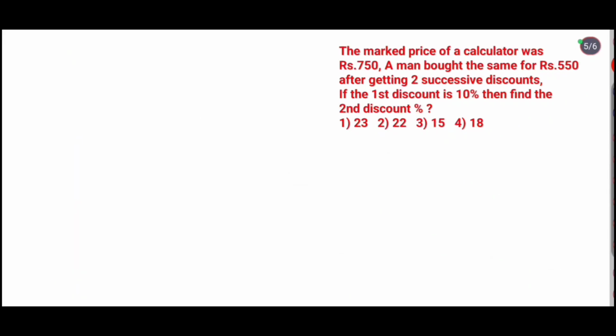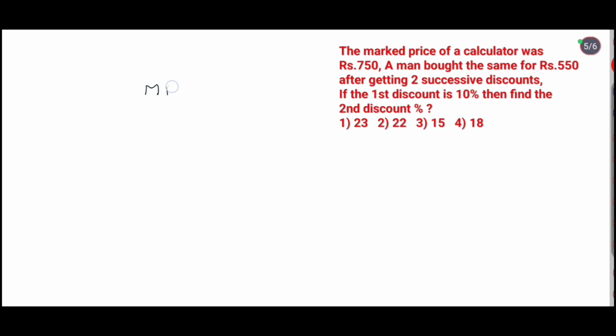And now we will go to problem number 5. The market price of a calculator was 750. A man bought the same for 550 after getting two successive discounts. If the first discount is 10%, find the second discount. Market price of the calculator is 750.